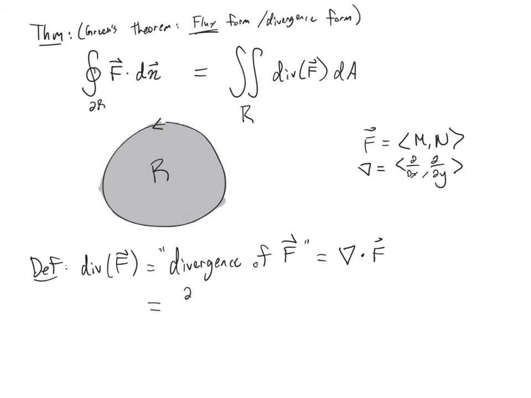So I get dm dx plus dn dy. And that's all the divergence is.